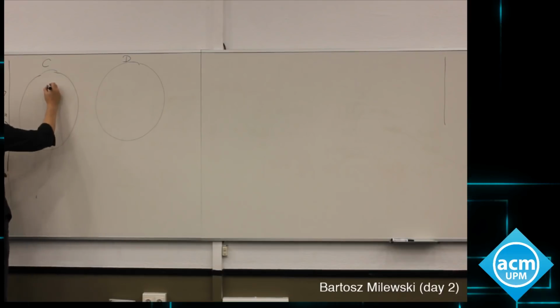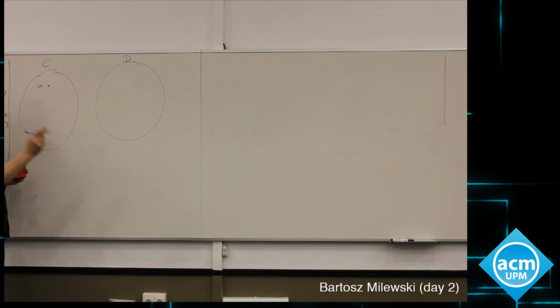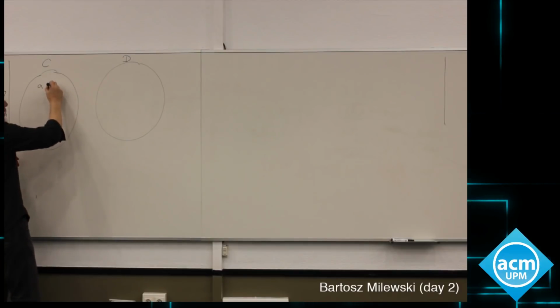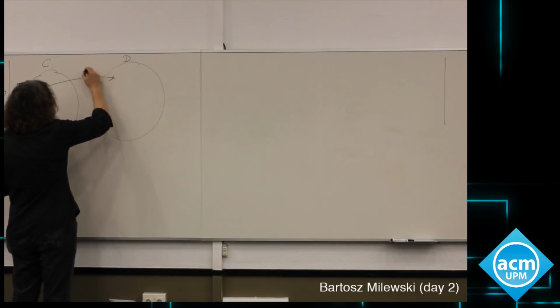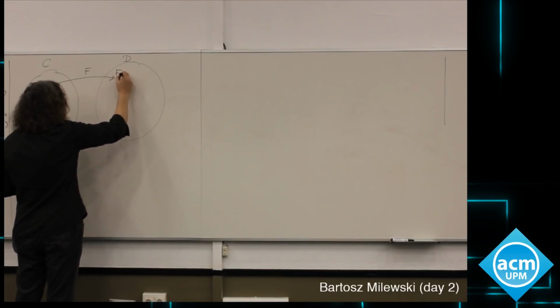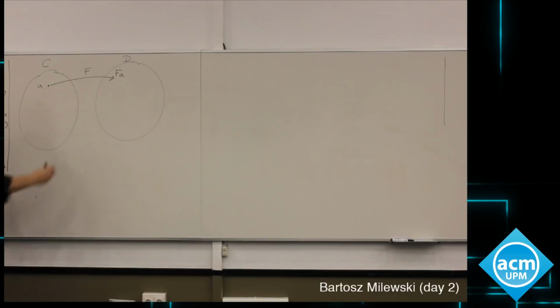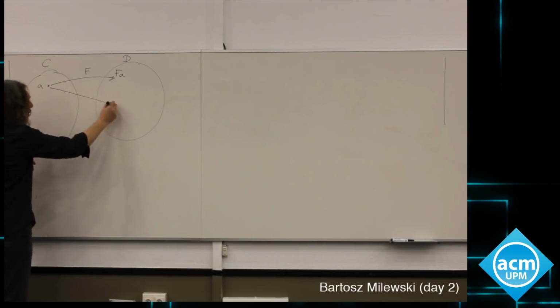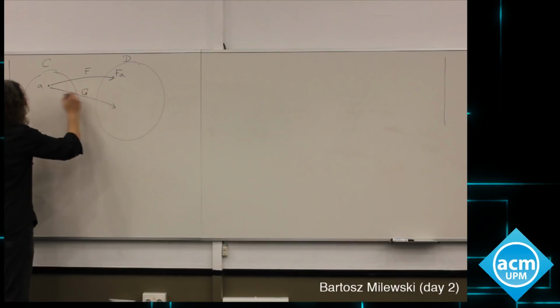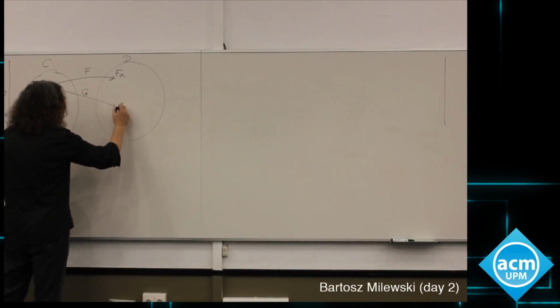So we have one functor that maps this object a into, let's call it Fa. But we also have another functor, G, that maps this object into Ga.